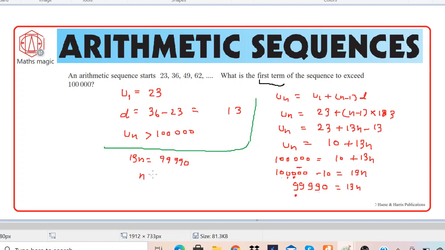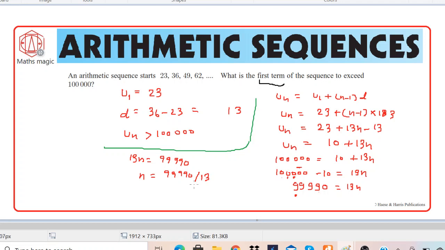So n is going to be 99,990 divided by 13. Let's divide and find the value of n so that we can check what is the immediate value which will give us a value more than 100,000.